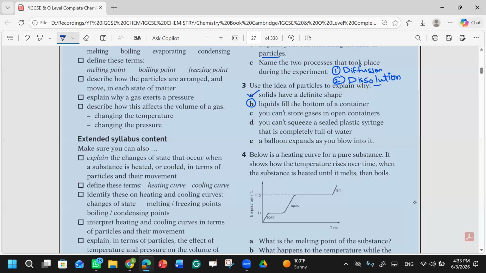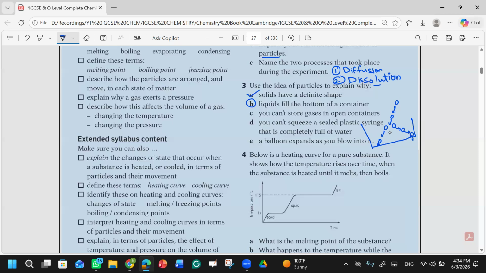So the forces between them are weaker as compared to solids. That's why these particles will slide past each other, and when they slide past, they will fill the bottom of the container. Clear? After this they cannot slide past. You see this last particle, it cannot slide past.